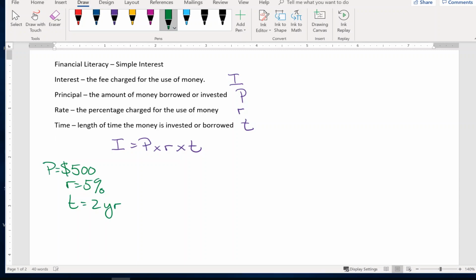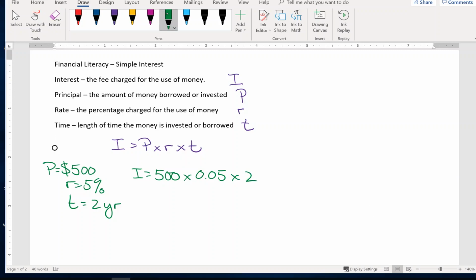Okay, let's plug this into this formula and see how much interest will be charged. So I is equal to 500 times, now the rate here, this is as a percentage. When we want to make our calculation, we're going to write that as a decimal, like that. And this is over 2 years.